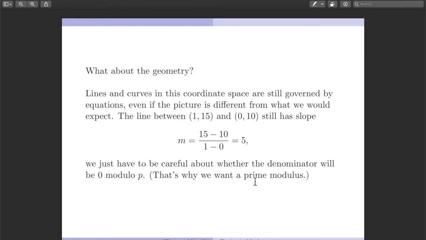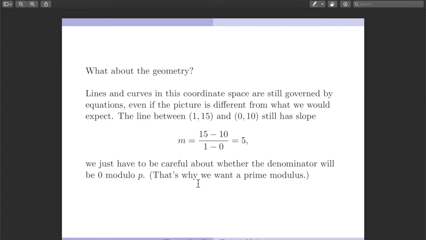And this is also the reason why we don't use composite numbers. I'll talk about this in a bit more detail in the future. The problem is that with composite moduli, as we've seen in the past, some numbers you just cannot divide by.